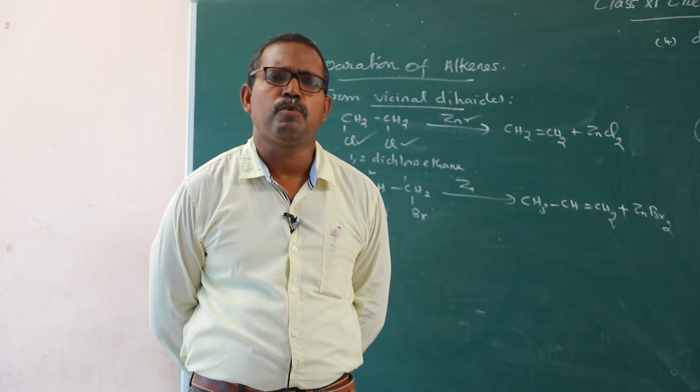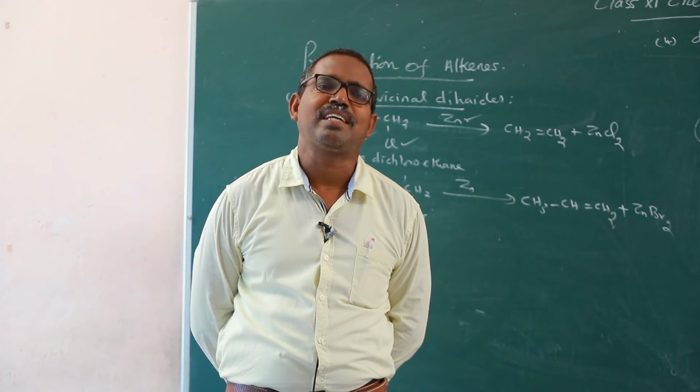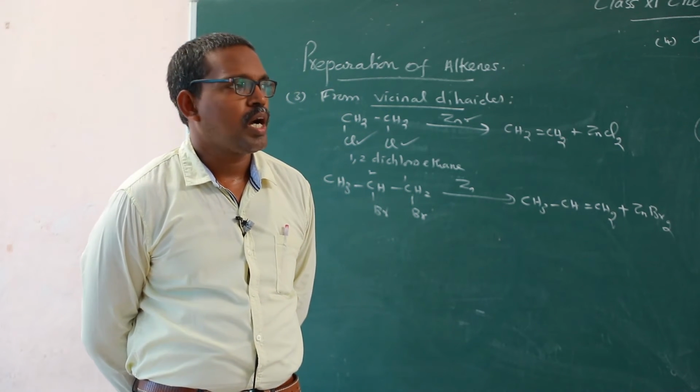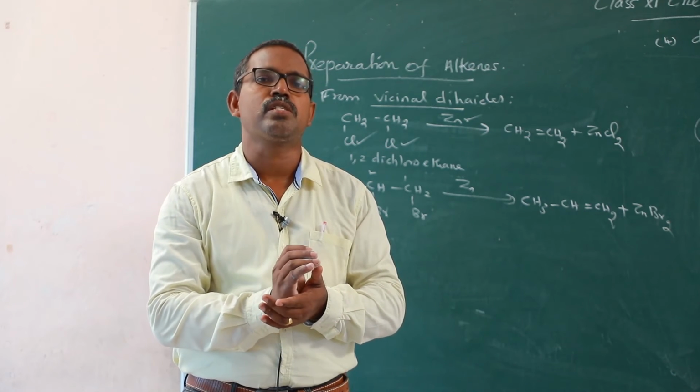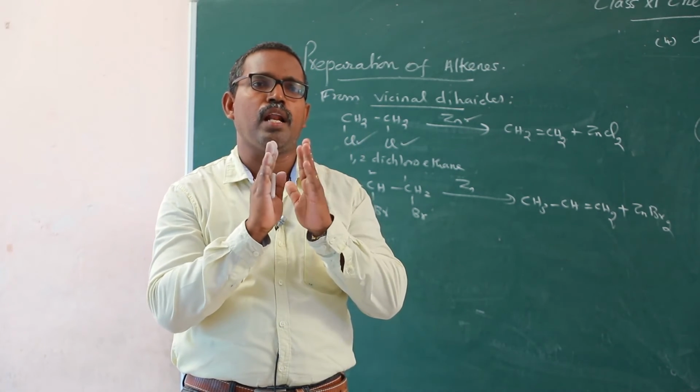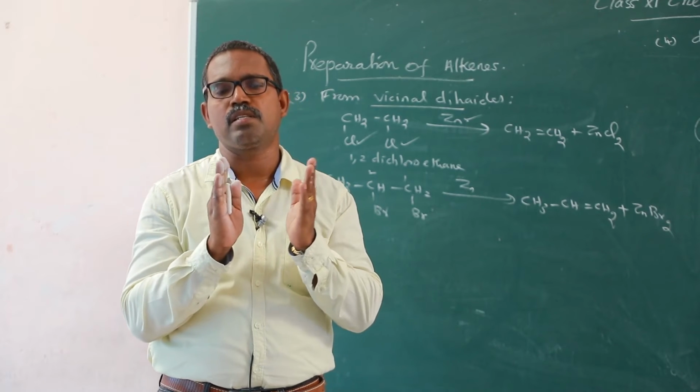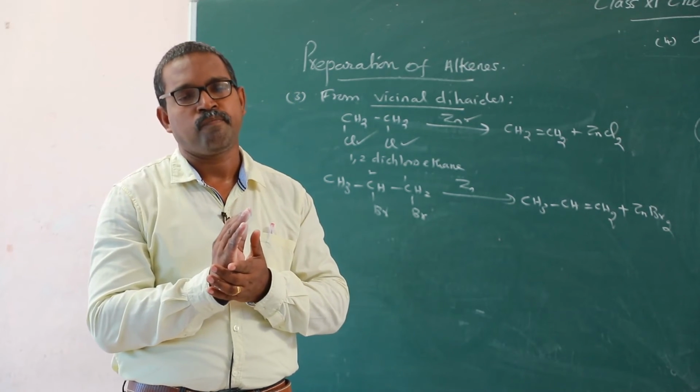After that, the compounds exist in the form of waxy solids. I already told you alkenes are otherwise known as olefins, the oil like layer, formation of oil like layer.